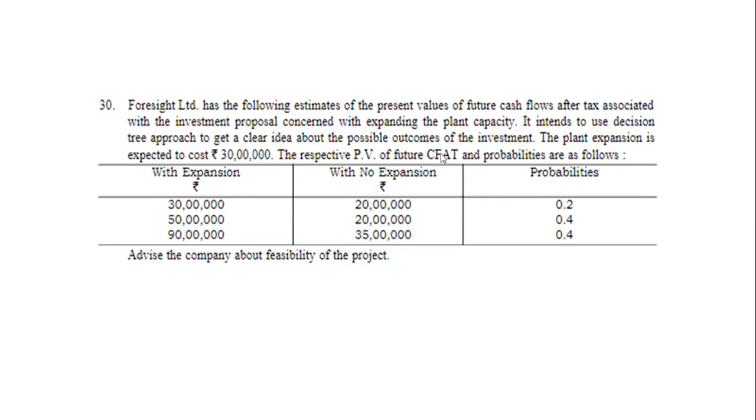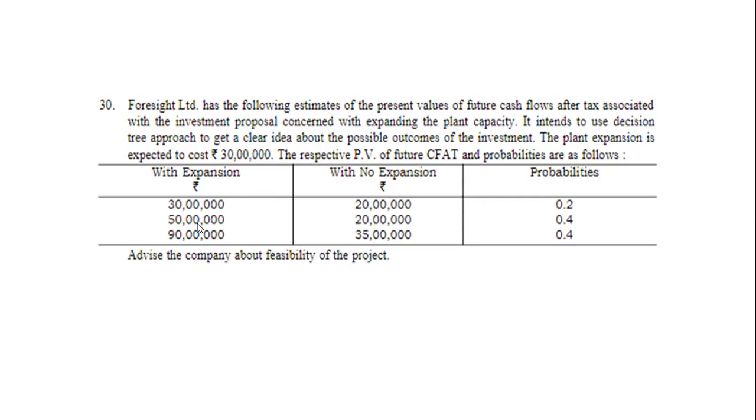The respective PV of future CFAT, cash flow after tax, and probabilities are as follows. If you take the decision of expansion, the chance of getting 30 lakhs is 20%, 0.2.